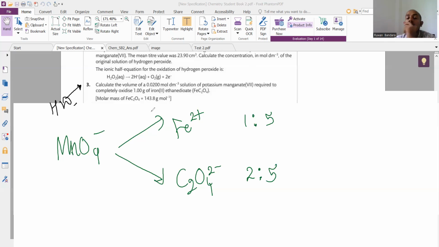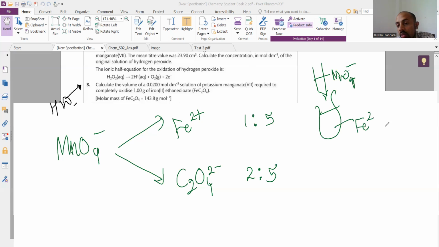In both cases, color change will be colorless to first permanent pink if you are adding MnO4 minus from the burette. This can be either Fe2 plus or C2O4 2 minus.